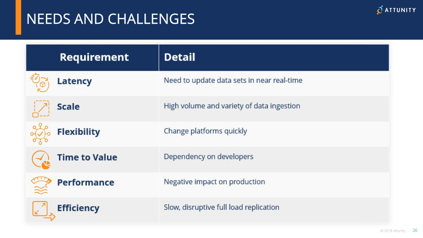We've seen a lot of first generation efforts around transformation die on the vine because they didn't have enough developers who understood these new technologies and didn't have the skills. So the premium now is on how do I automate this and how do I reduce the dependency on developers? How do I build a high-performance system without impacting those core transactional systems that our business relies upon? And how do I make this as efficient as possible and move to a real-time world?